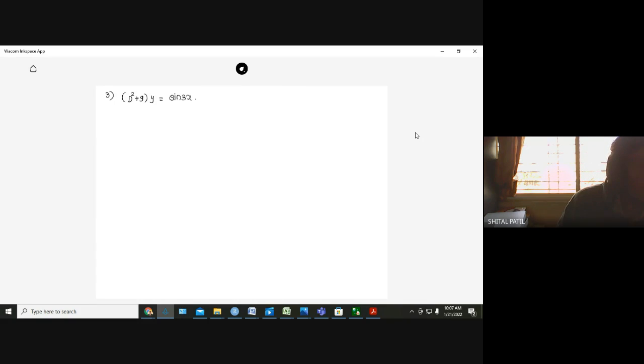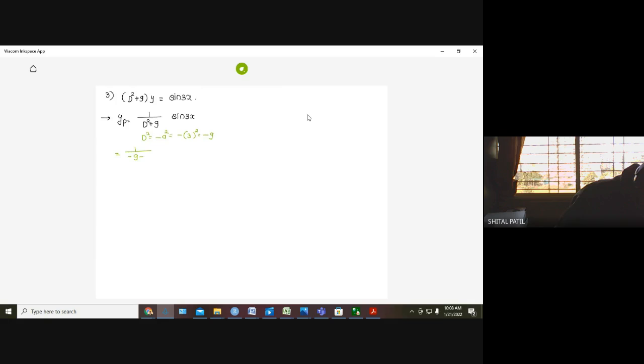d square plus 9 y equal to sine of 3x. The first formula fails, so the second formula, x times derivative.